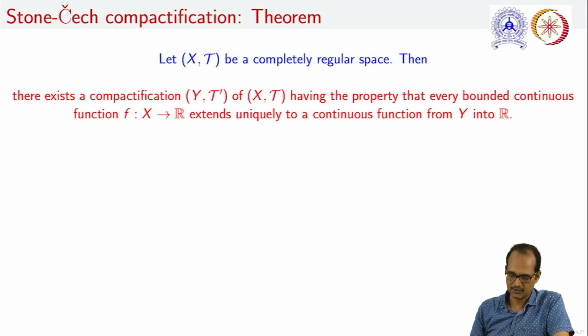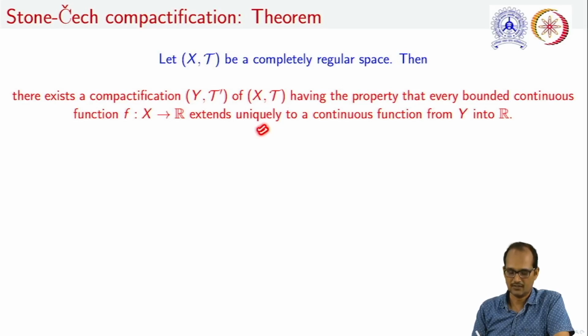The theorem states: if we have a topological space (X, tau) which is completely regular, then there exists a compactification (Y, tau dash) of this space having the property that every bounded continuous function f from X to the set of real numbers extends uniquely to a continuous function from Y into R.